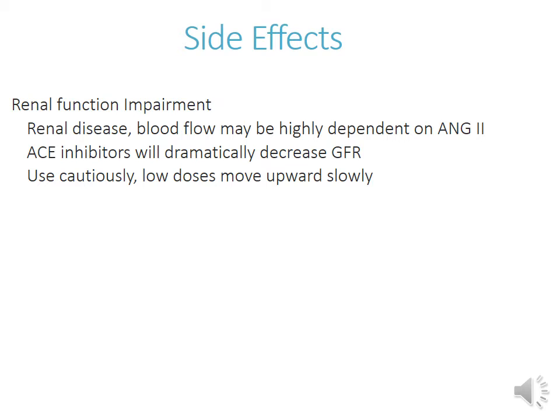For patients who need angiotensin II around to help facilitate that filtration, if you take away that Ang II effect immediately, you can see a sudden decrease in their creatinine clearance. So for those patients, you really want to start at lower doses and gently titrate up to their therapeutic dose. Otherwise, you can see a big drop in their kidney function, which can be problematic.